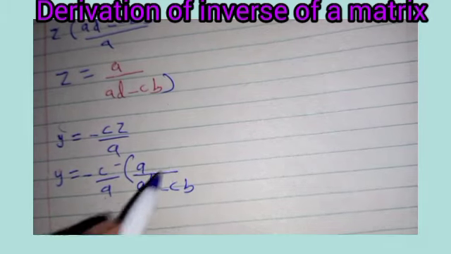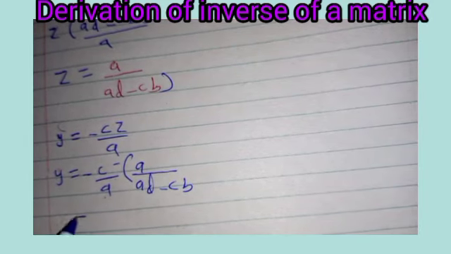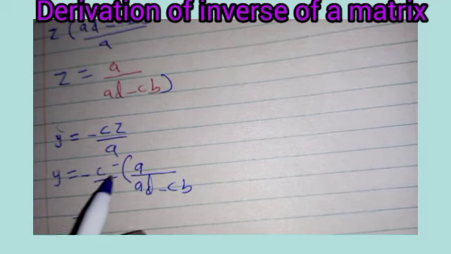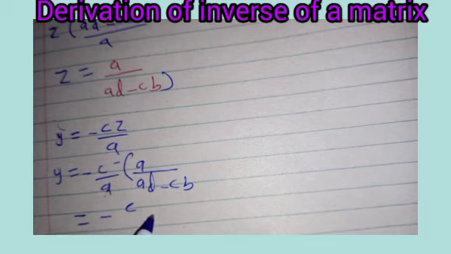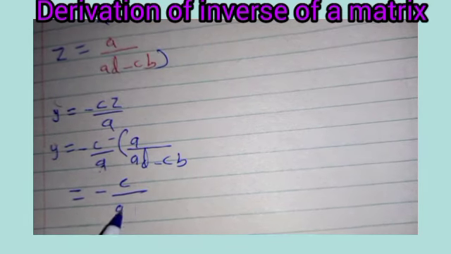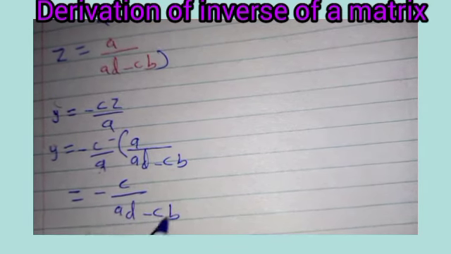You can see here the A will cancel. A and A, you'll be left with minus C over AD minus CB.